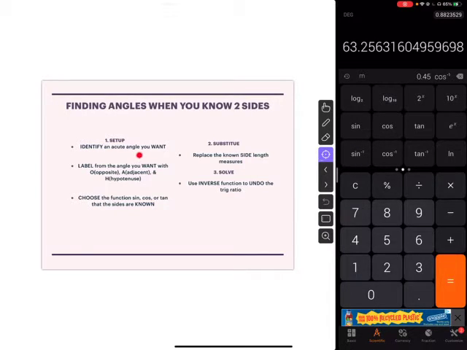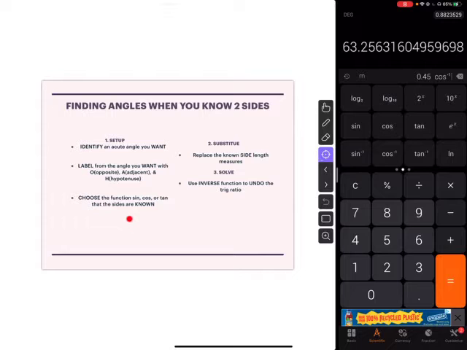So start by choosing an angle that you want to solve for. Label, using that angle, the angle that you're trying to find, your opposite, adjacent, and hypotenuse. And then lastly, you're going to choose which trig function you're going to use.